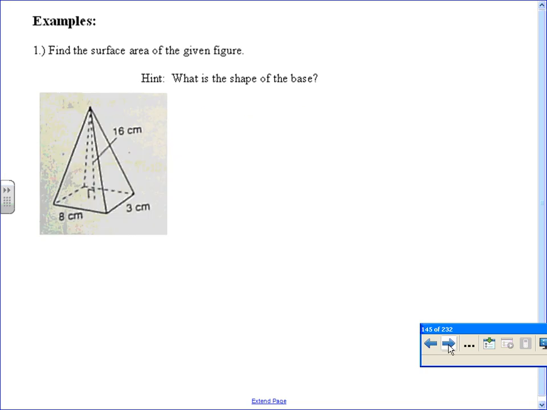So here's the example that I would like to do. All right, we need to find the surface area of the given figure. Go figure. Okay. They first give us a hint, and they say, what is the shape of the base? So don't go ahead of me here. Can you guys tell me what is the shape of the base here? Donatus? Good. So I want you guys to put down a rectangle.